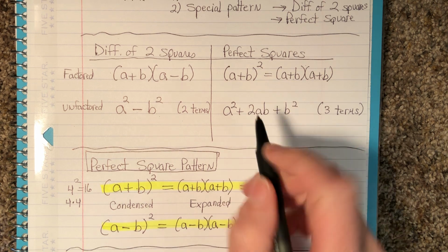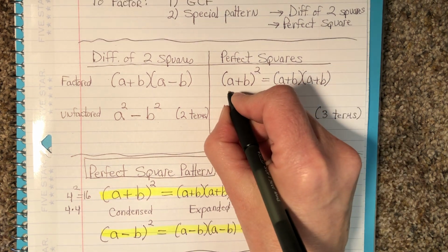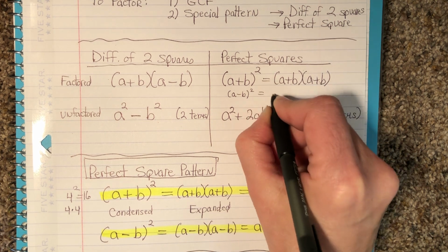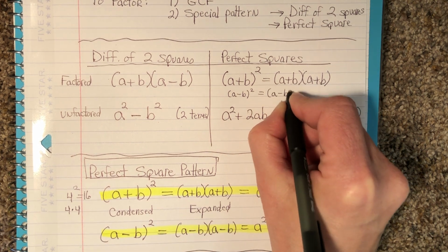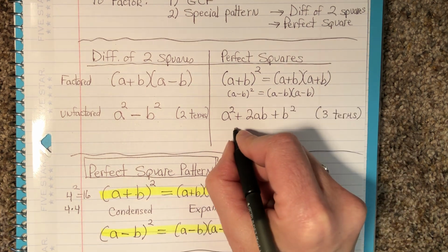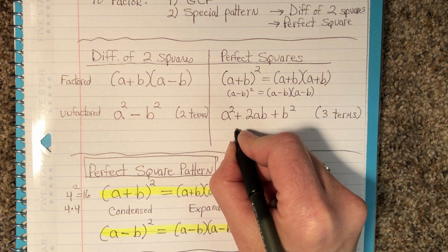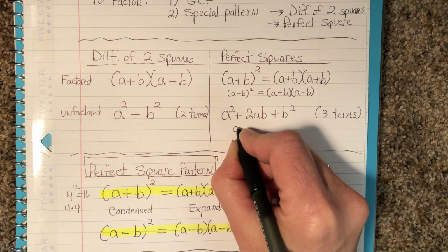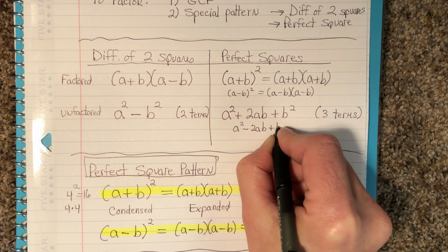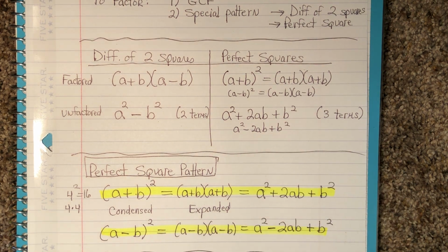Now let's put the minus version here. A minus B squared, which equals A minus B times itself. And then unfactored, it would be A squared minus 2AB plus B squared. All right, there you go.